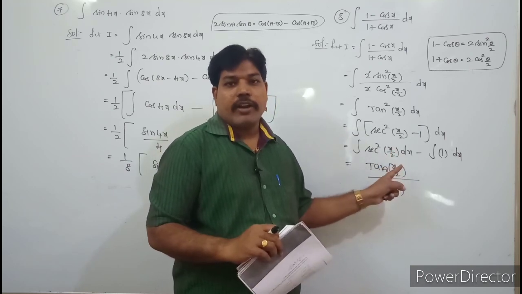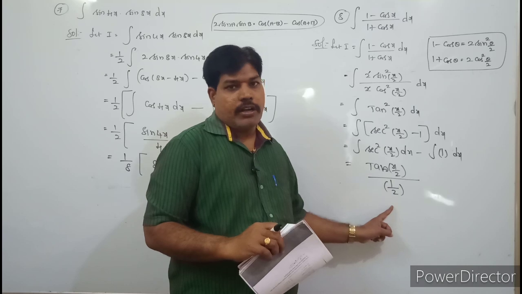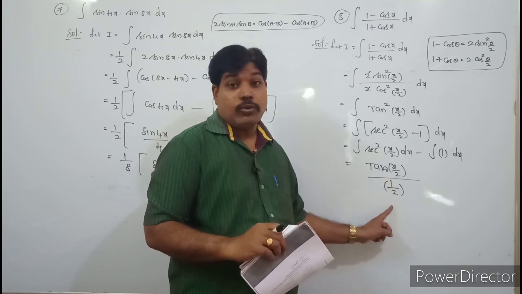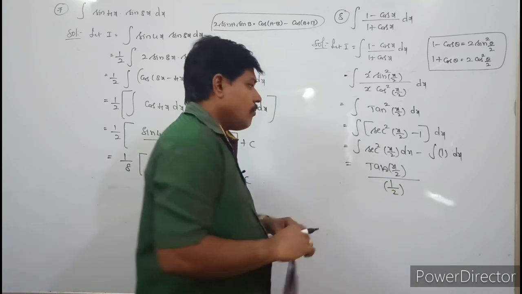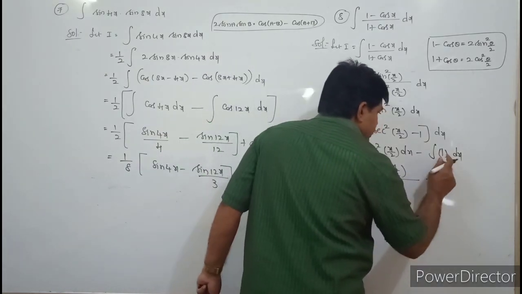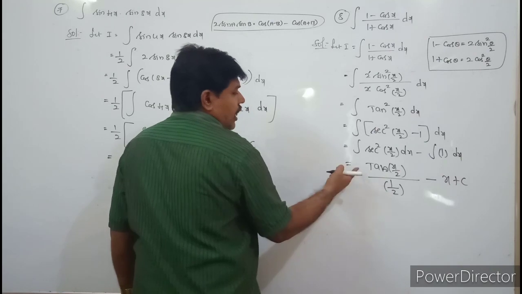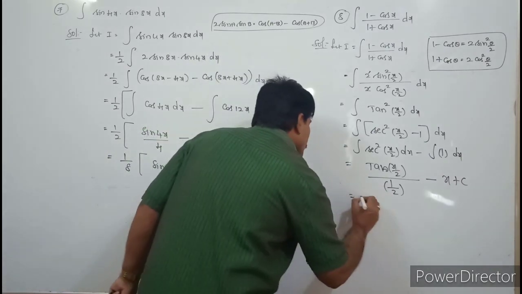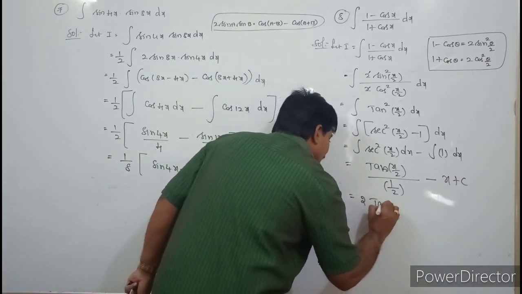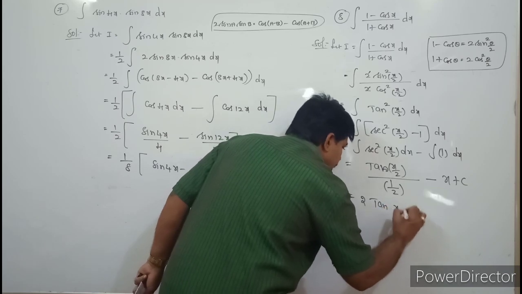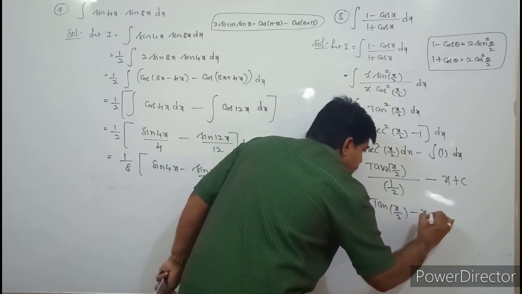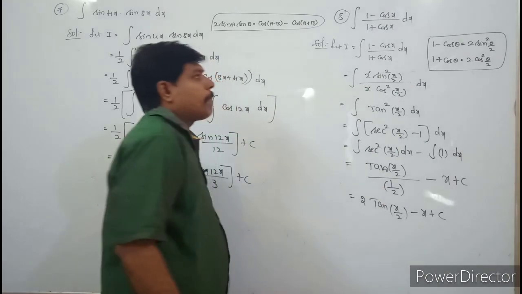So the derivative of x by 2 you have to take in the denominator, so it will become 1 by 2 in the denominator. Minus integral of 1 is x plus c. So this 2 comes into the numerator. It will become 2 into tan x by 2 minus x plus c.